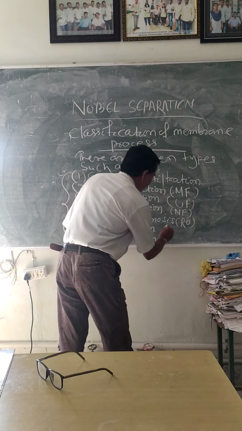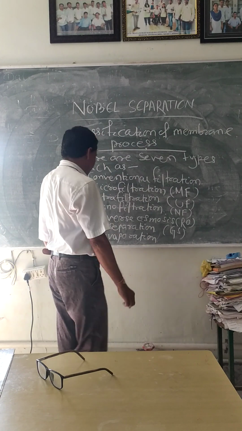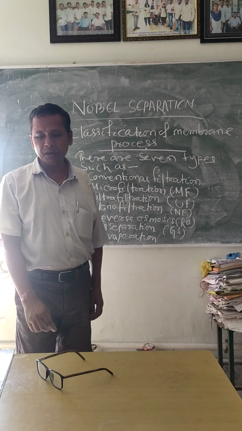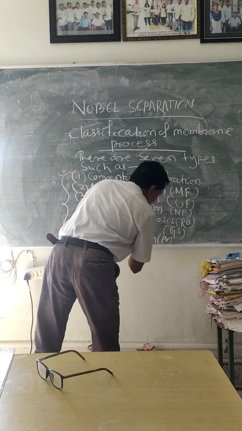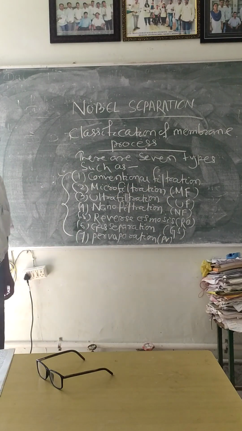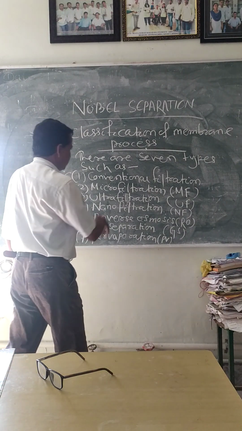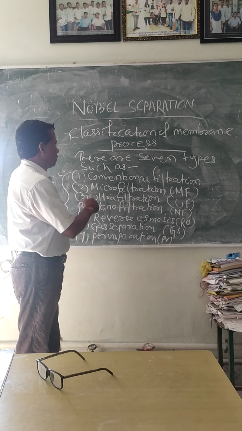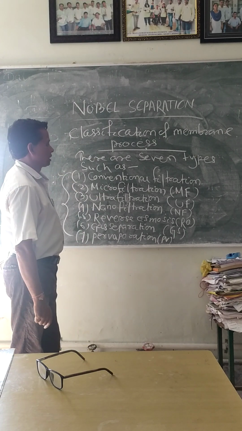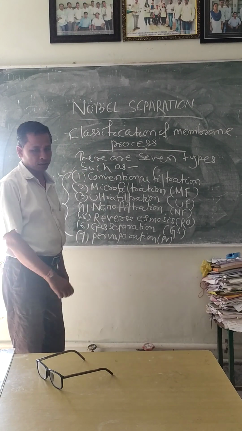Gas separation is GS. And pervaporation is PV. So there are 7 types of membrane process. One by one, we will discuss, first, what is conventional filtration.